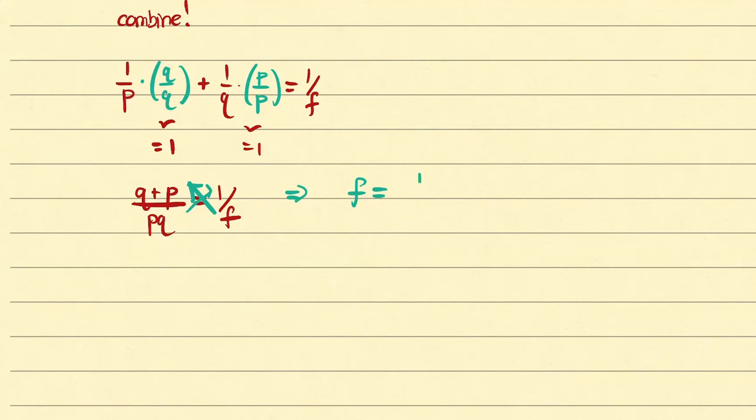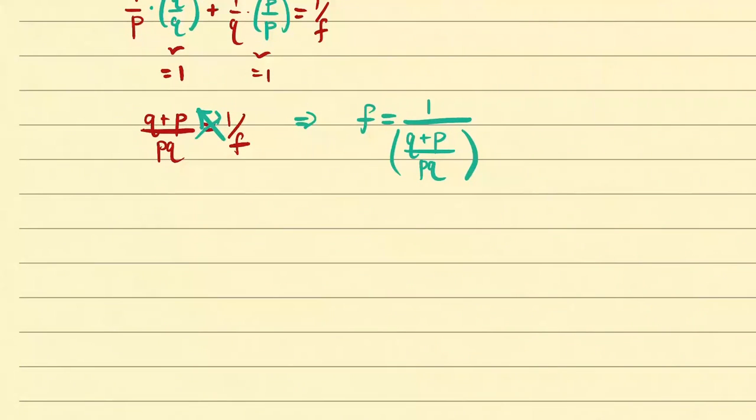What I did in order to get this fraction to the right-hand side is divide by it. And I'll show you without cross multiplication what I'm doing. In this line, I multiplied f over here.